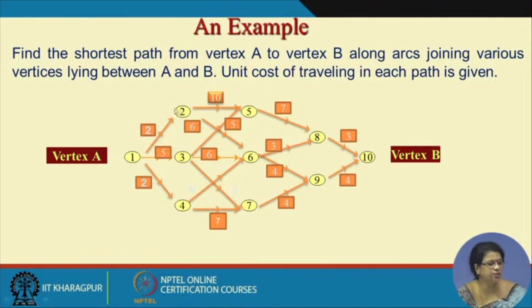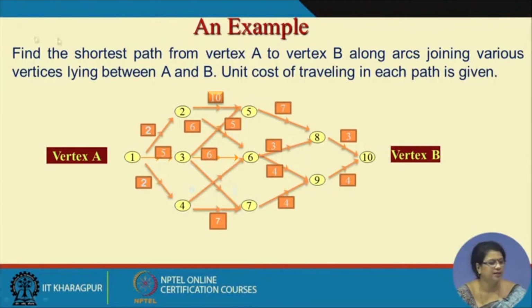If I move from one node to another, the corresponding travelling cost or travelling time, whatever measure you consider, has been given. Altogether I want to reach from 1 to 10, and I do not know which path, but I want to minimize the total travel time or total travel cost. This problem can be considered a dynamic programming model.